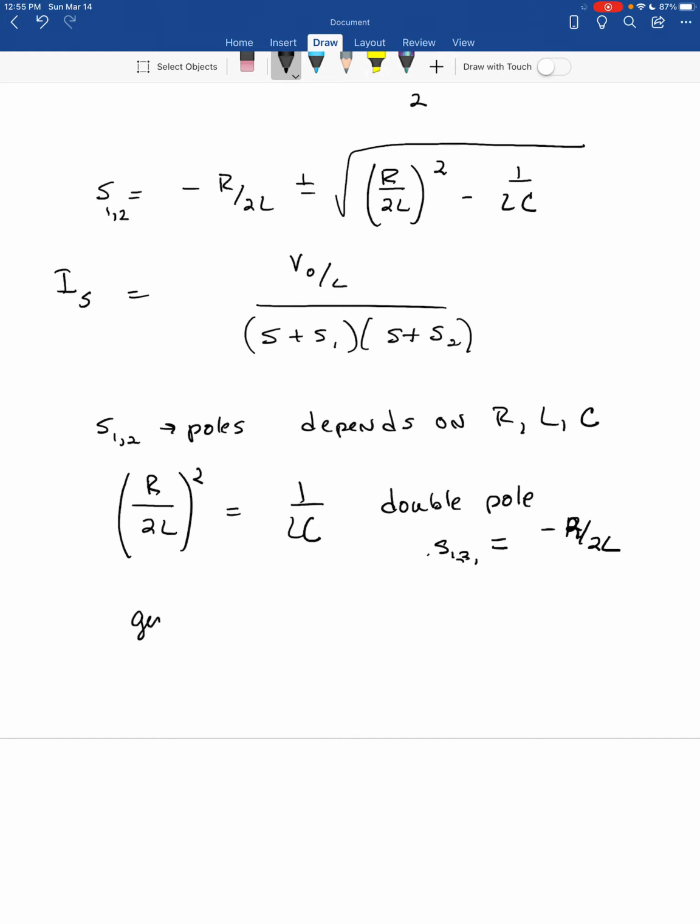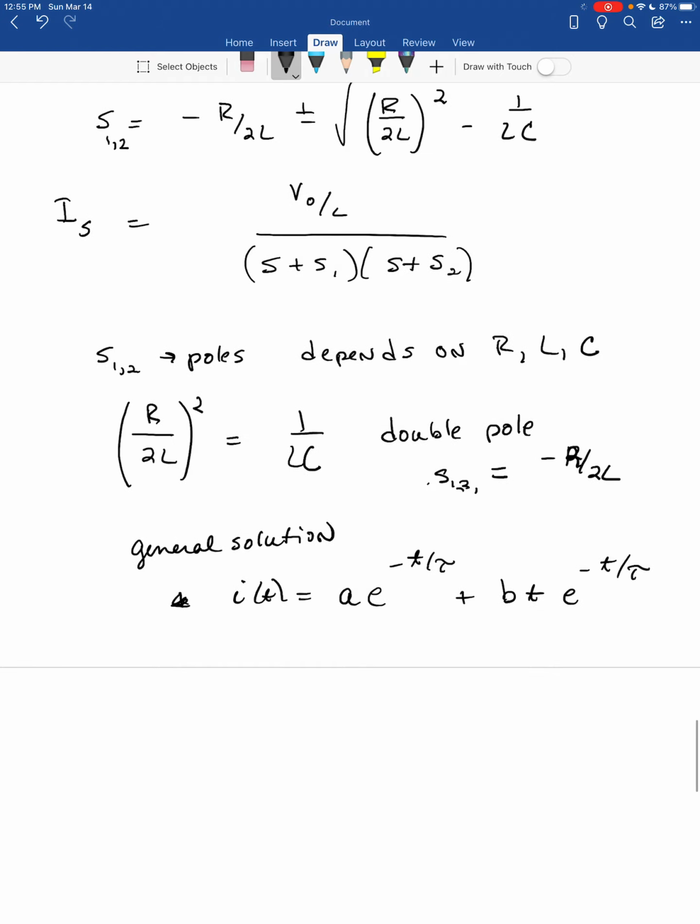And so that would be a general solution of the form I of t is some constant e to the minus t over tau plus another constant t e to the minus t over tau. Okay, because we have that degenerate solution. So that's the case where these two are equal.